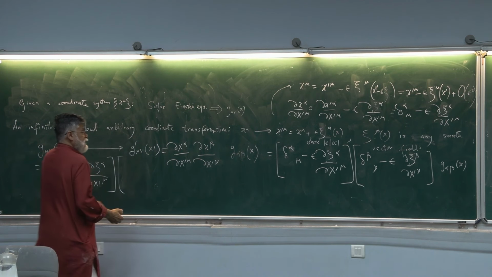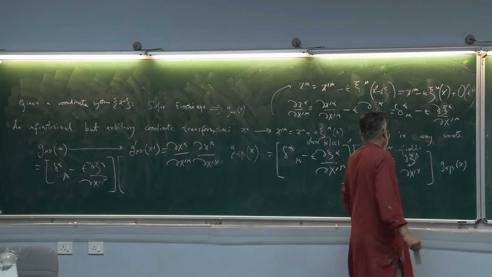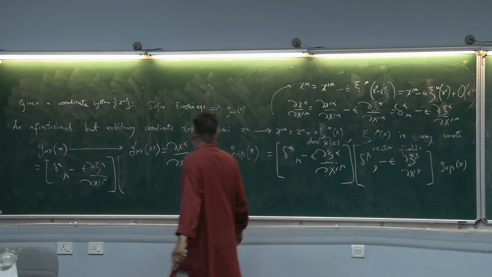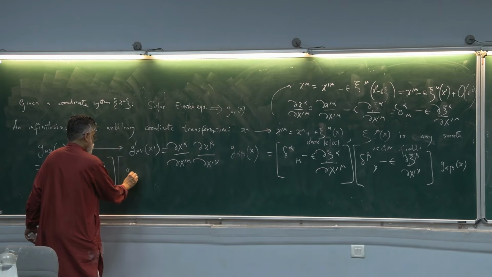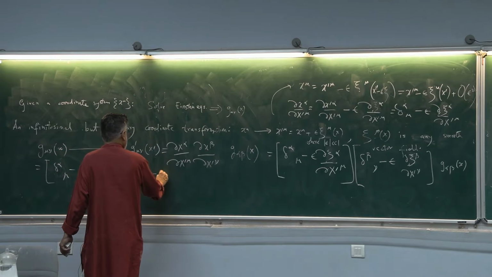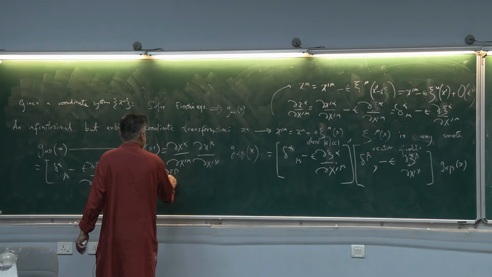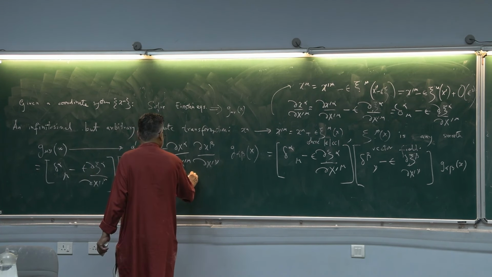Now this, when I act on g alpha beta, beta contracting will give me g alpha nu of x minus epsilon del xi^beta by del x prime^nu of g alpha beta.